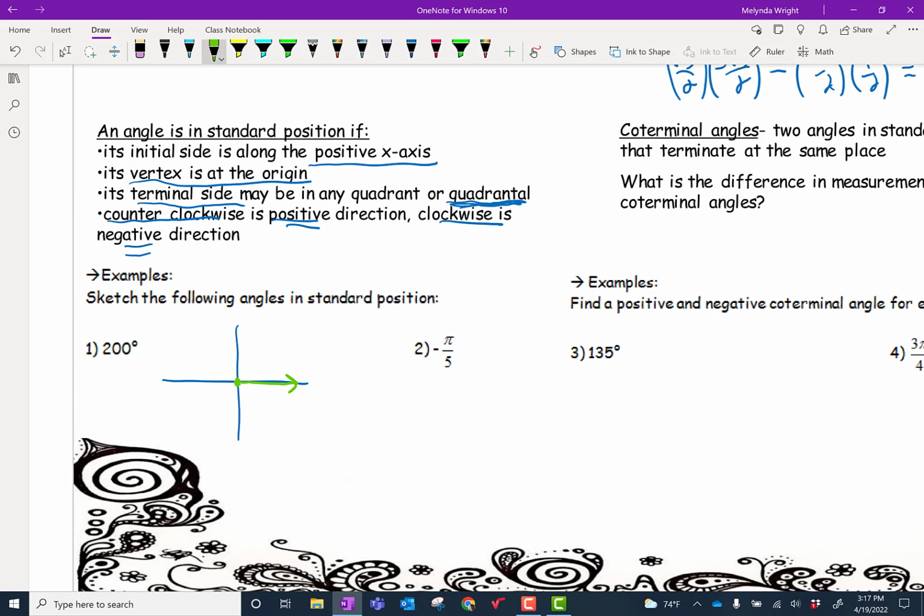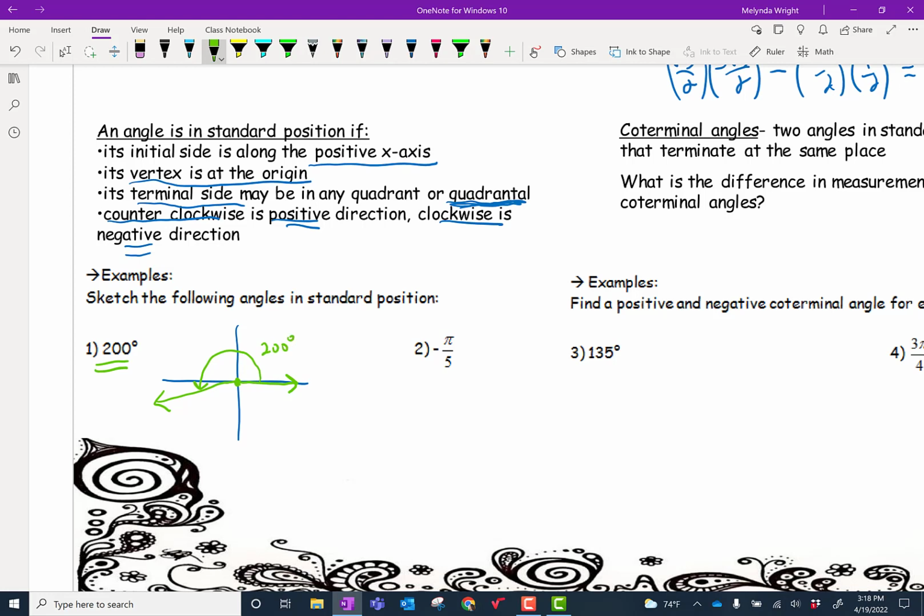It's a positive 200 degrees, so we're going to be rotating counterclockwise. So that's 90 degrees, 180 degrees. So 200 degrees would be somewhere around right there. So we're going to show our rotation. So we rotated that way, and that would represent 200 degrees. And you could write 200 degrees here if you wanted to.